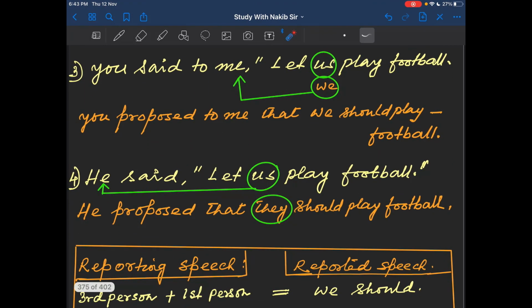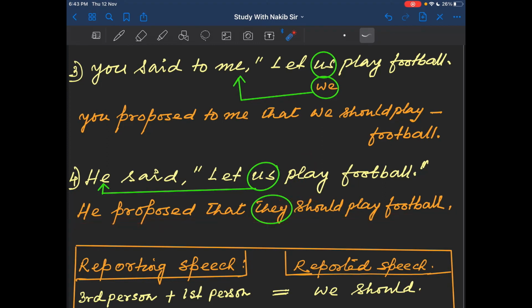Now see the fourth example. He said, only the third person pronoun, no first person pronoun, no second person pronoun, only the third person pronoun. So here us will be we and we will be changed to the third person plural number. So we will be changed to they, and your answer will be he proposed that they should play football.